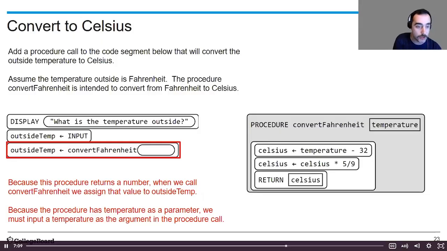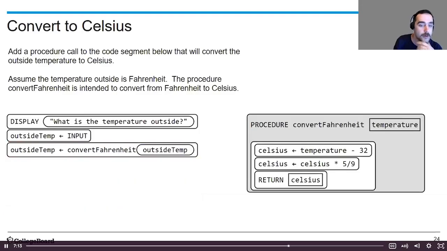So I need to take that user input and pass that through as the argument. So I would pass through whatever answer they have. It was assigned to outside temperature. That outside temperature is currently in Fahrenheit. And so we've passed that argument through the convert Fahrenheit procedure as the argument.